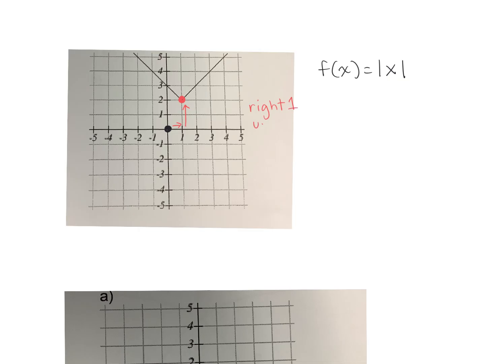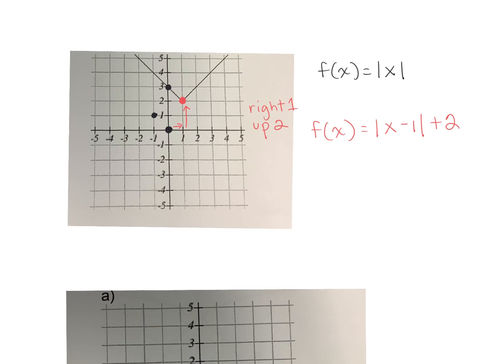And to make that happen, we will have f of x equals the absolute value of x minus 1, and then up 2 is adding 2. Now, the next thing I have to check is to make sure that this point does the same pattern. So if I go right 1, up 2, I'm there, which is where I should be. And then you can check it with that third point if you choose to do so.